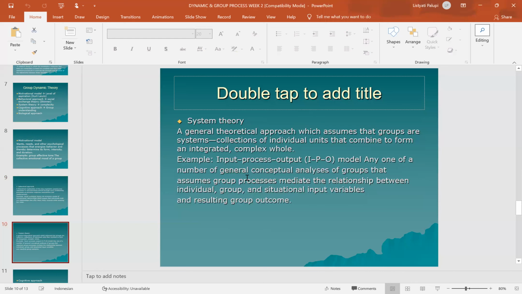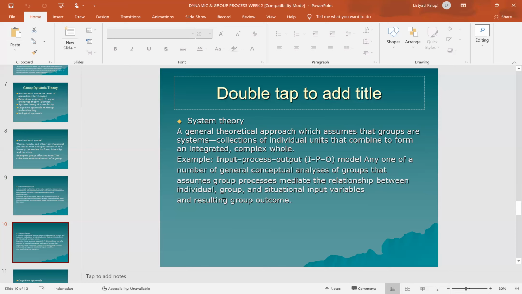So, according to systems theory, a group is not just a part or an element, but a system, a collection of individual units that shape a complex and become a whole. The example of a theory using this perspective is the input-process-output, or IPO, model.